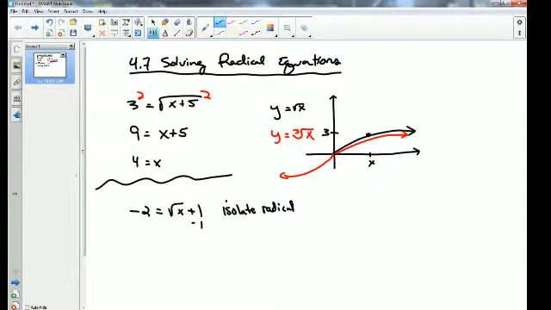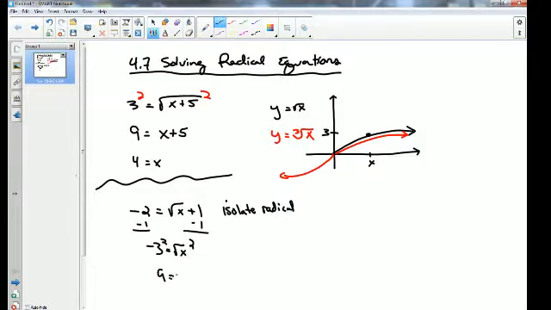So I'm going to subtract 1, right? If I square that, will it give me an answer? Okay, let's try it. What's my answer?